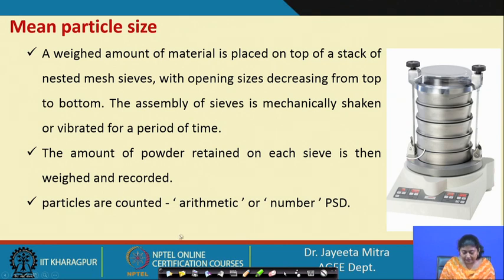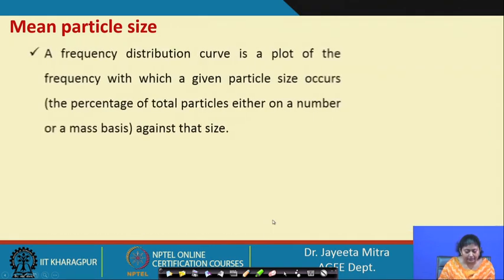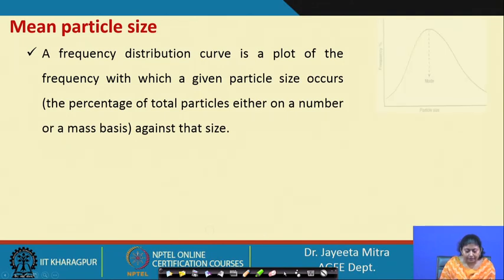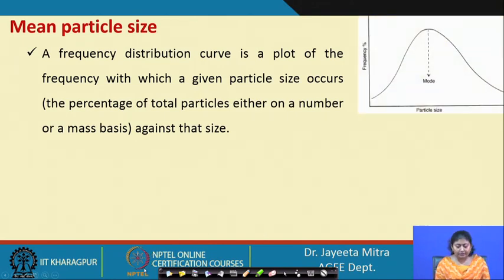Particles are counted based on the arithmetic or number mean distribution, or we can also calculate the mass mean distribution. Then a frequency distribution curve, as I mentioned, dx by dt with particular size, is plotted, which gives the percentage of the total particles, either on number or mass basis, against that size.